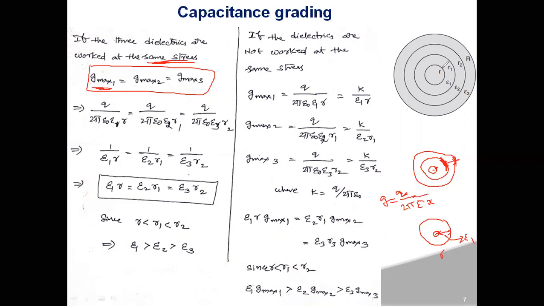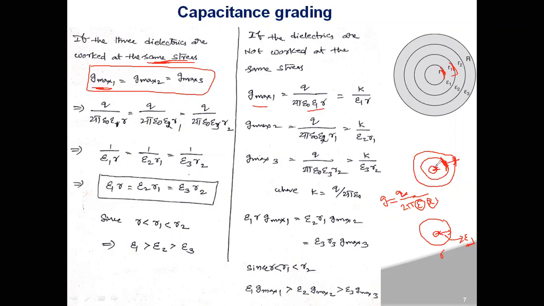Now if you consider only the first layer, then on the surface of your conductor you will have maximum stress, and here you will have minimum stress. So for the first dielectric material, the G max 1 value will be Q by 2 pi epsilon, and this epsilon can be written as epsilon naught epsilon r. For the first dielectric material, epsilon r will be epsilon 1. So 2 pi epsilon naught epsilon 1, and here x is this distance.